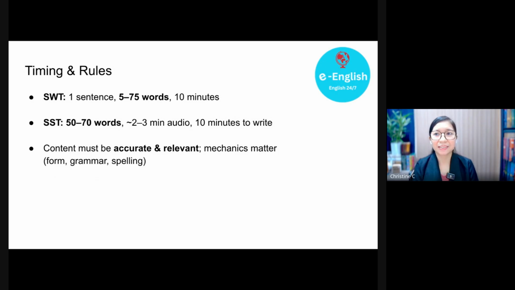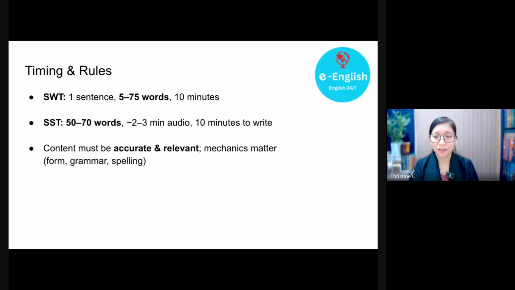Now let's look at one of the most important things when we are practicing. Understanding the timing and rules. For the summarized written text, what does it look like? You have one sentence. Okay, your goal is to formulate one sentence between 5 and 75 words within 10 minutes, based on a 2 to 3 passage that you read. Okay, based on a passage that you read.